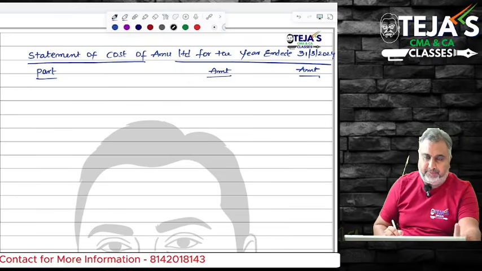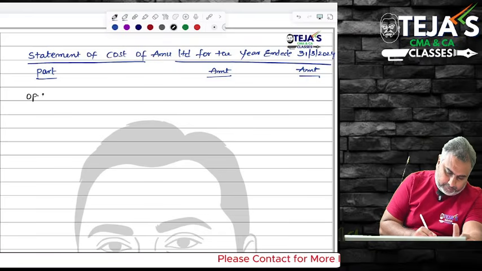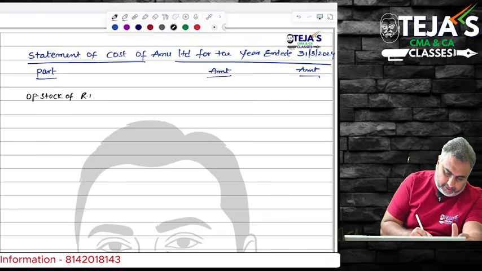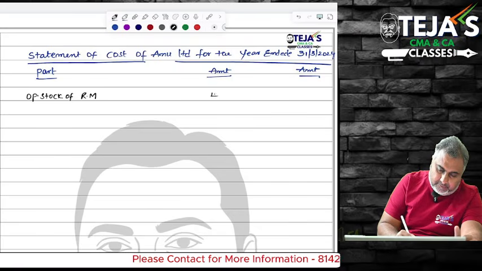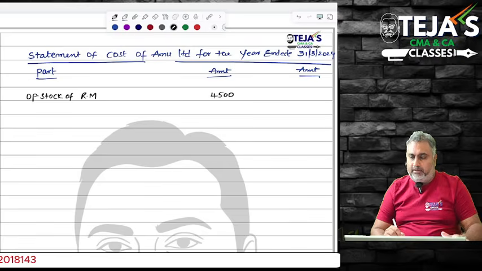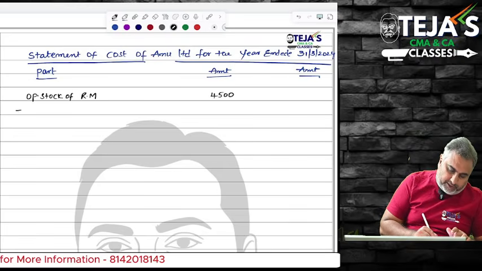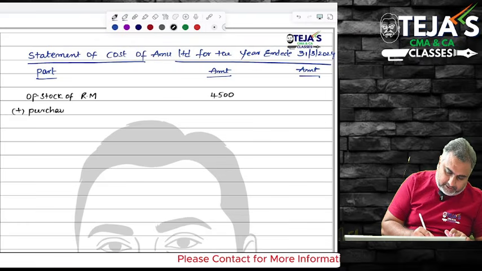Starting with opening stock of raw material. How much is given in the question, 4500? If any of my information is wrong, let me correct. Then for this, what we are supposed to add is purchases.